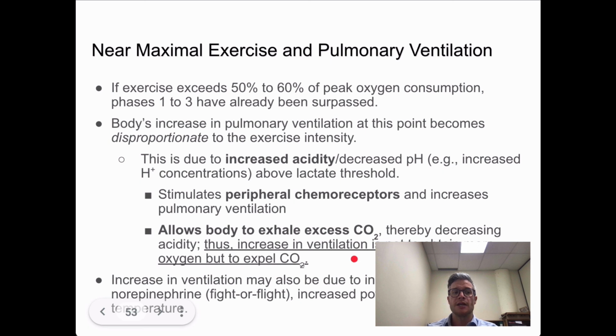I think that's a really important thing to remember, because it's a little counterintuitive to what most of us might believe we know from previous discussions, or even from feelings of when we've worked out really hard. It feels like you want to breathe in more oxygen because you're out of breath, but really what you're trying to do is vent out carbon dioxide.